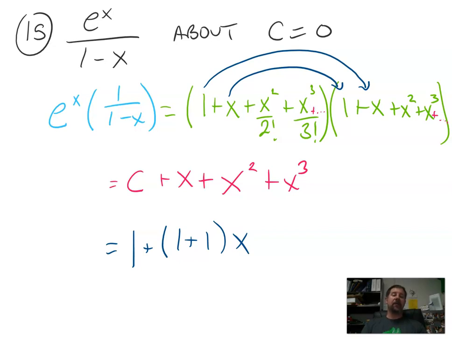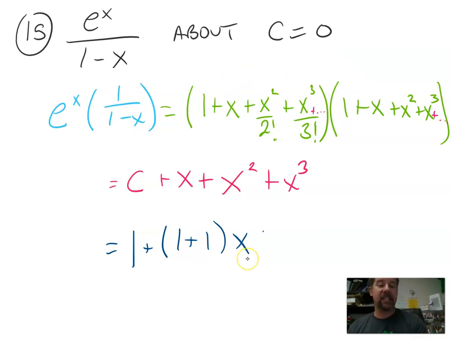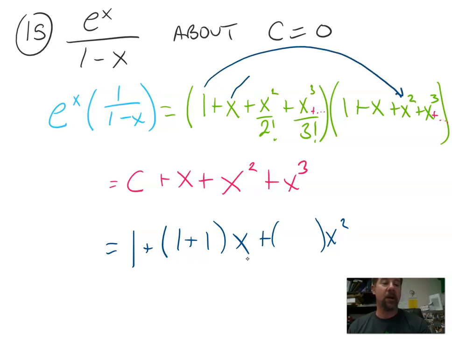And I can do the same thing for the x squared and the x cubed terms. To get an x squared term, we'll start in the front: 1 times x squared would give me x squared. Then x times x would give me 1x squared.